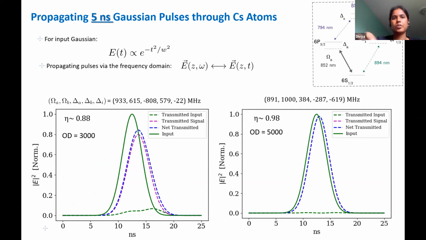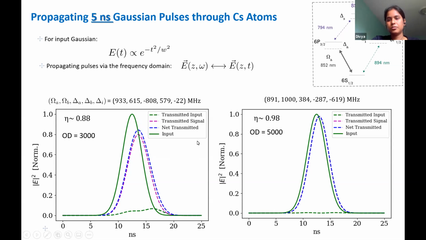We find that with an optical depth of 3000, we get an efficiency of 0.99, and all the searches are within the gigahertz range, less than 1 gigahertz. When we increase our optical depth from 3000 to 5000, the wavelength conversion efficiency for 894 to 794 goes up to approximately 1.